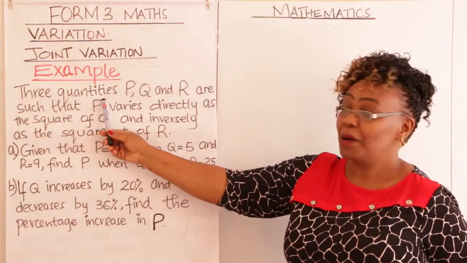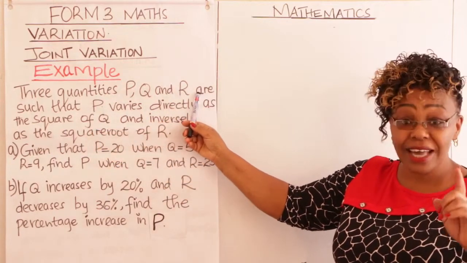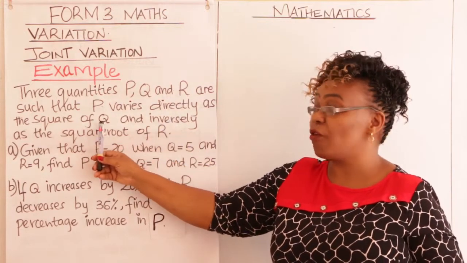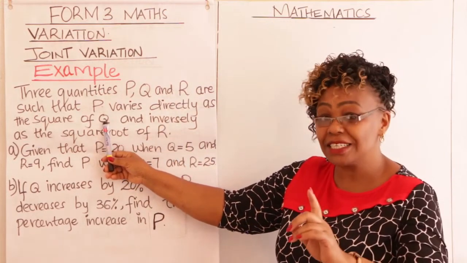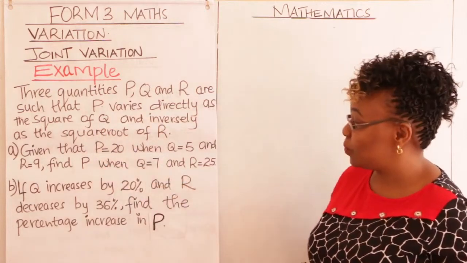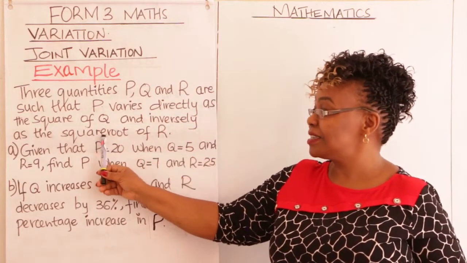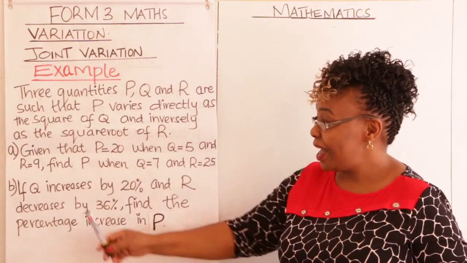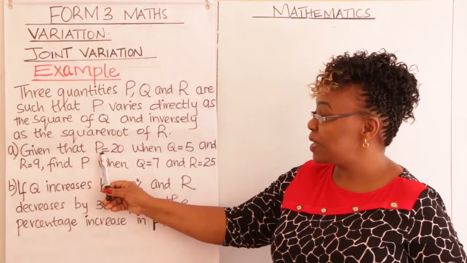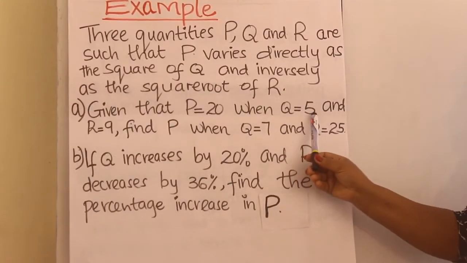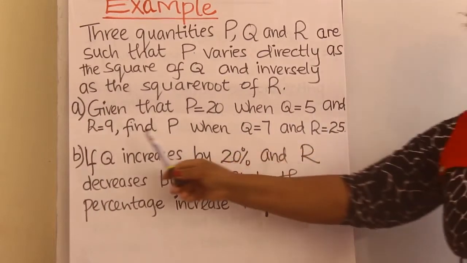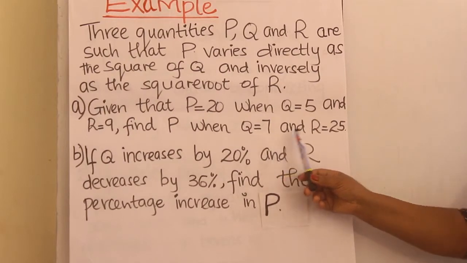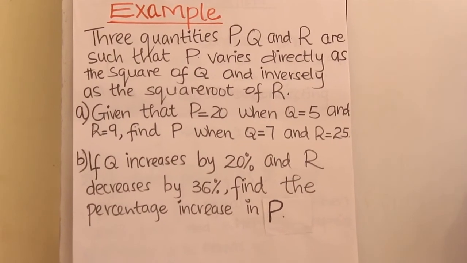Three quantities P, Q, and R are such that P varies directly as the square of Q, and inversely as the square root of R. Part A. Given that P is 20 when Q is 5 and R is 9, find P when Q is 7 and R is 25.